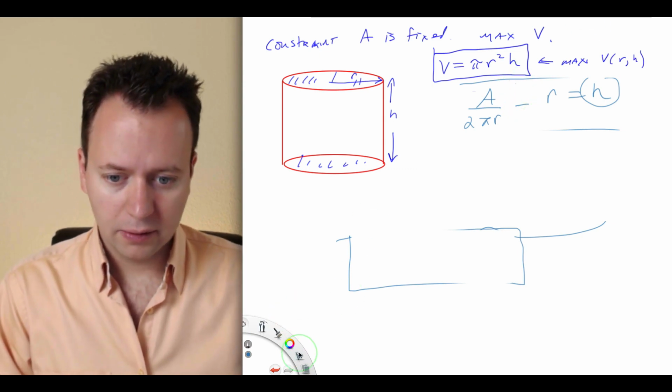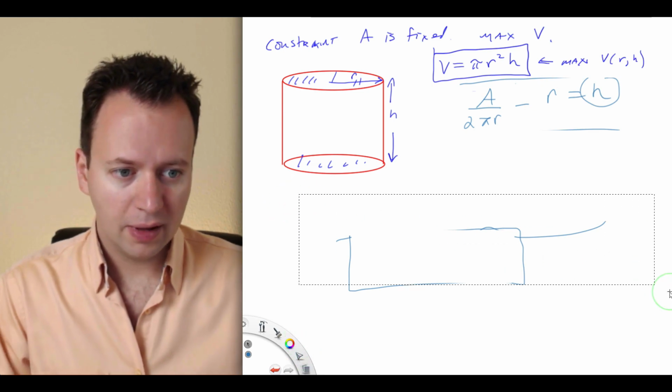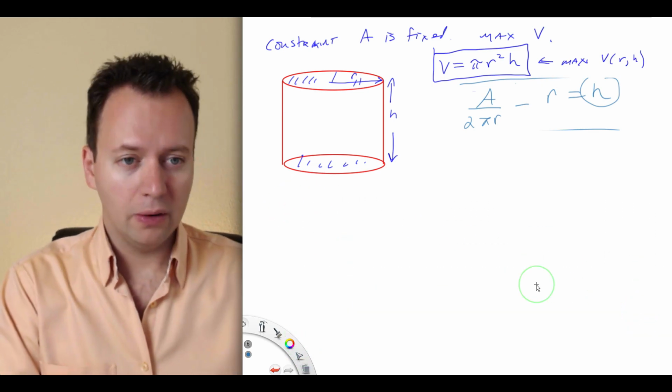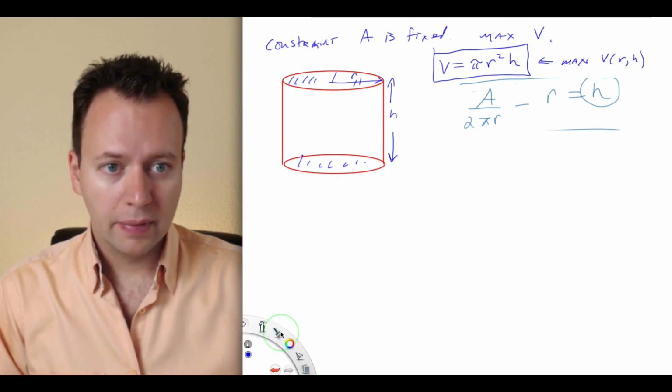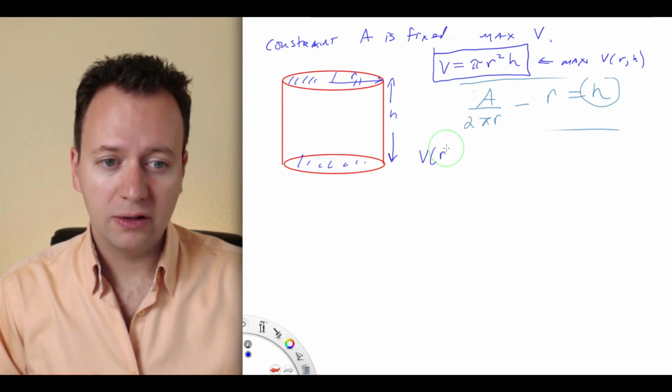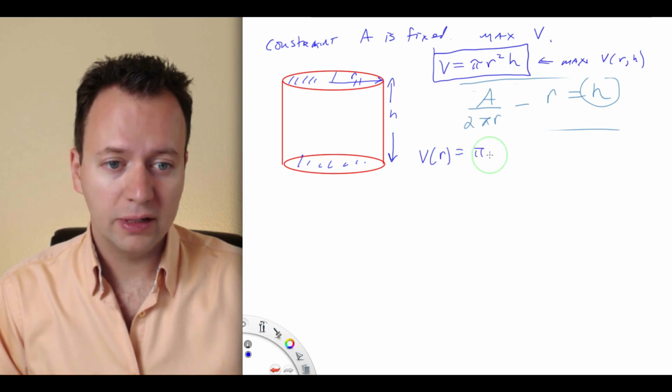And then let's also clear this stuff from down here. Okay, so therefore, the volume as a function of r alone is going to equal pi r squared times h. Well, h is equal to a over 2 pi r minus r.